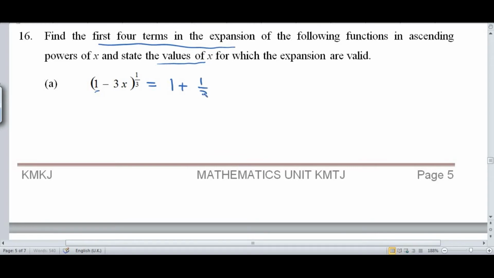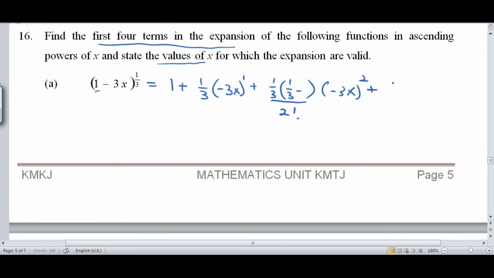So you start with 1 and then plus 1/3 is the power, and then you have (-3x)^1. And then you have (1/3)(1/3 - 1) divided by 2 factorial, and then (-3x)^2. Okay, we need another term.